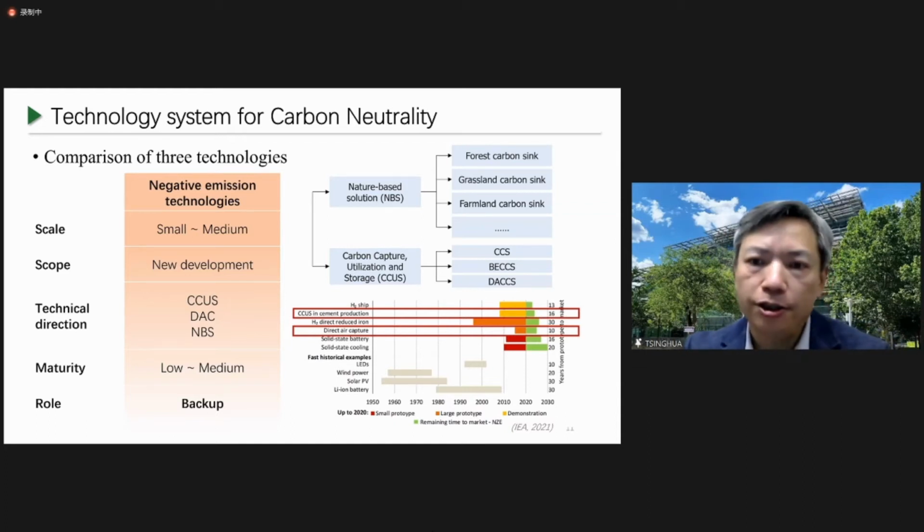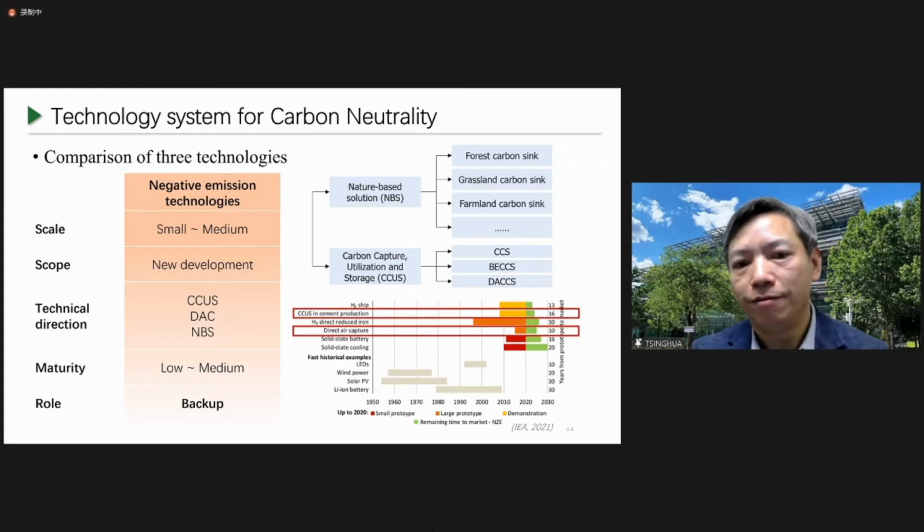Due to the high cost, CCUS technology remains in the pilot stage, and the negative emission technology as a whole is still immature to commercialize at the scale of the gigatons magnitude order.